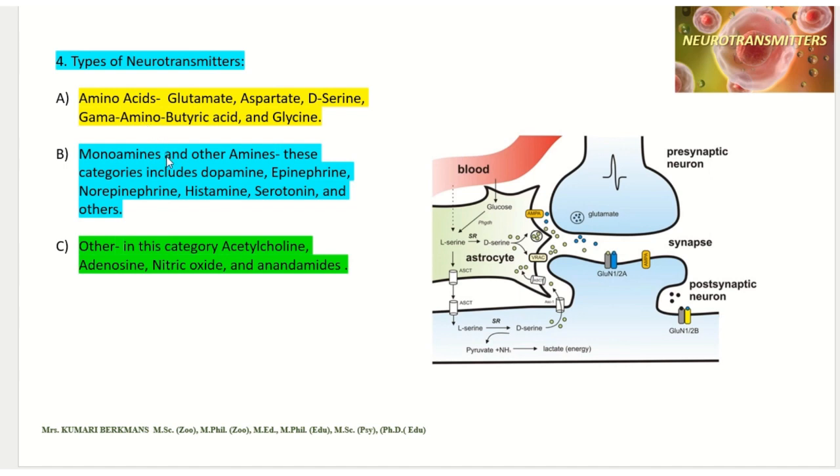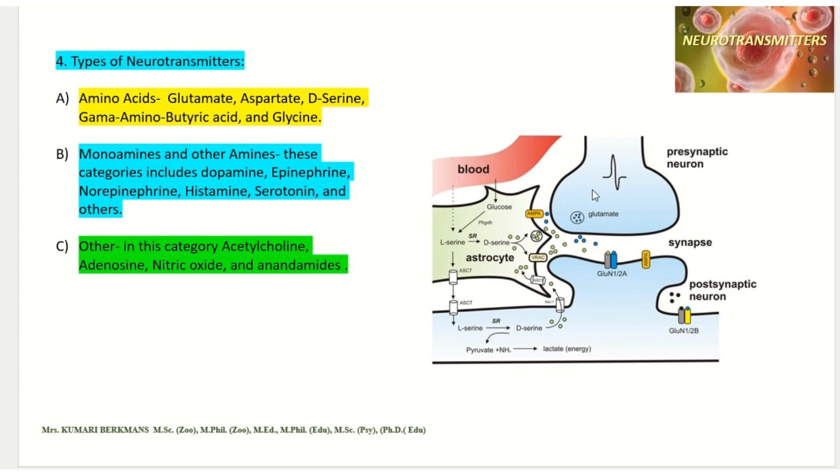If it is monoamines as well as other amines, the categories are dopamine, epinephrine, norepinephrine, histamine, serotonin and others. Okay, and these names you have to keep in mind. And the next one, the other category: acetylcholine, adenosine, nitric oxide and anandamides are the third category.